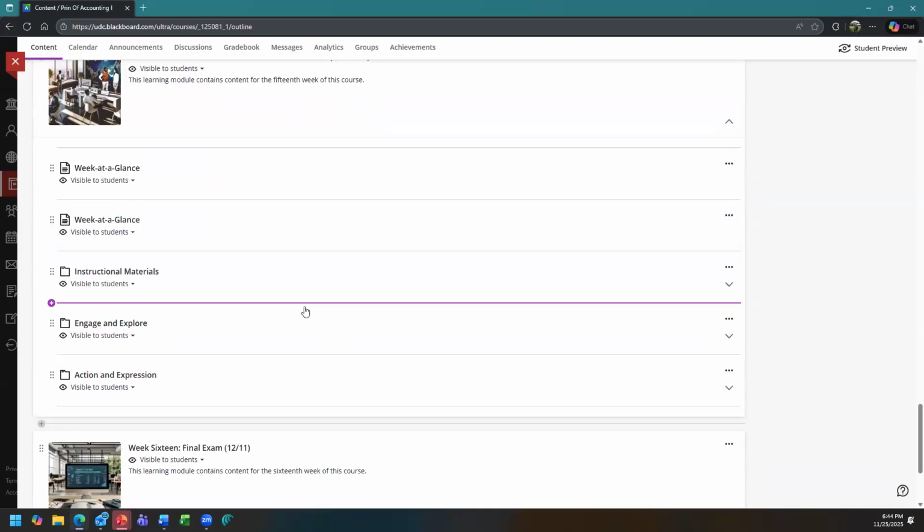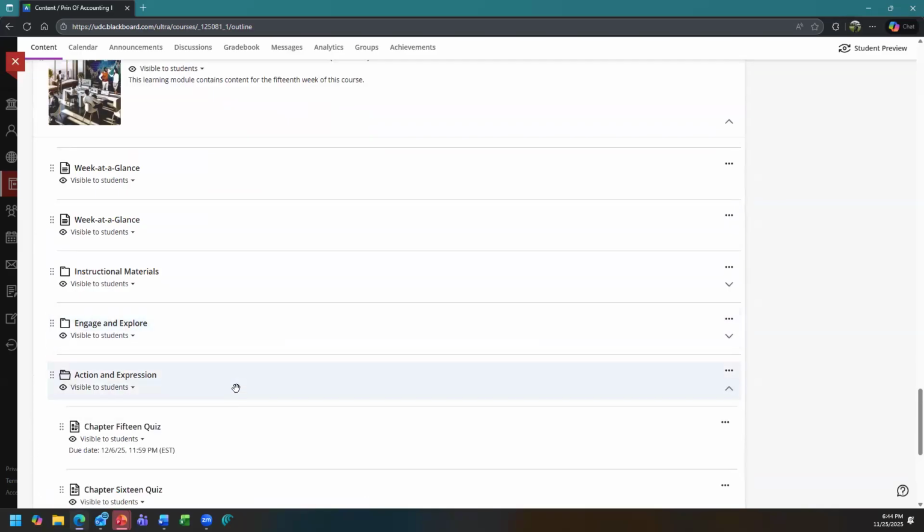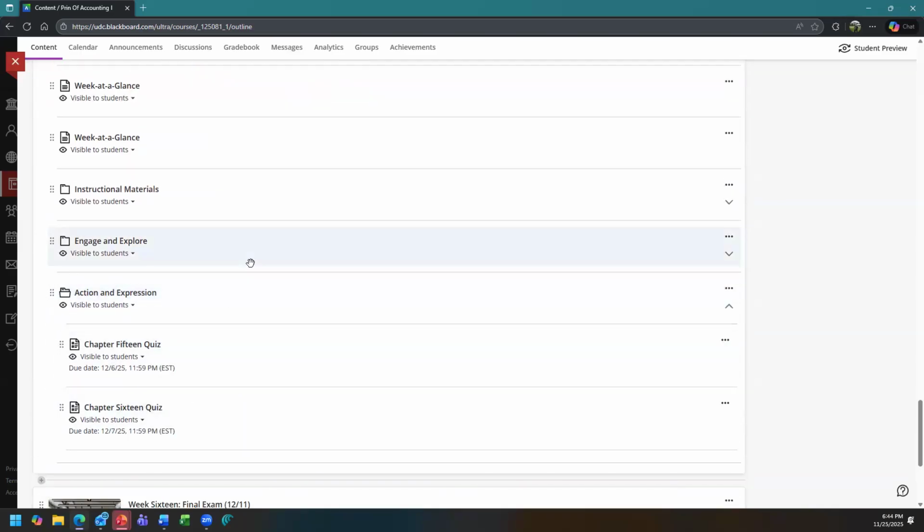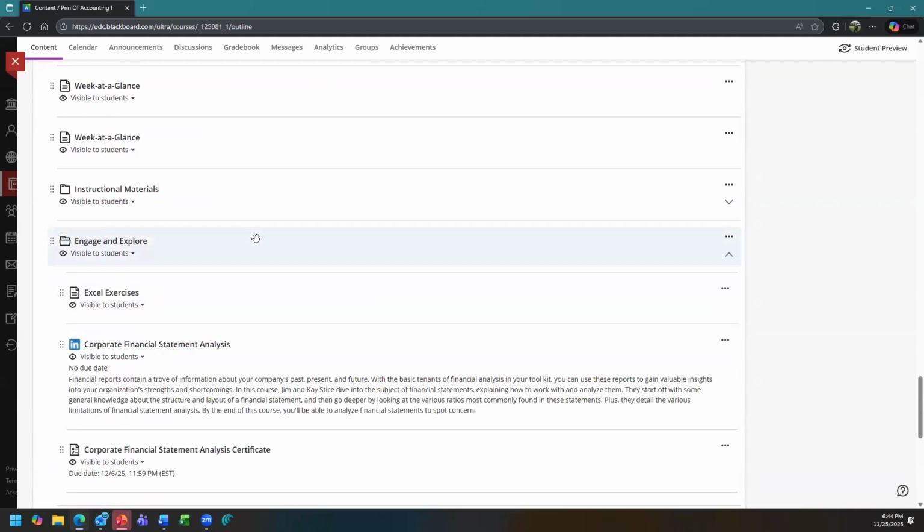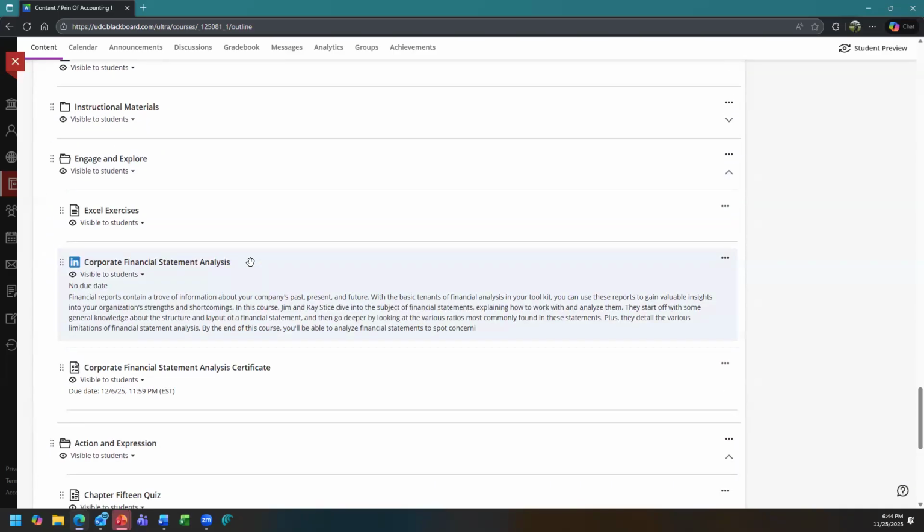On December the 4th, we are going to cover two chapters, one on investments and the other on the statement of cash flows. These are both very short chapters, and yes, there are two separate quizzes, one for each. We also have, in the final week of the class, I know, I'm sorry, one last LinkedIn Learning Certificate. This one's on financial statement analysis. I would encourage you to do this one a little early because I think it'll be beneficial. For this week, you only have the one quiz.